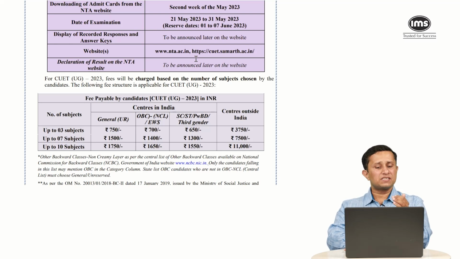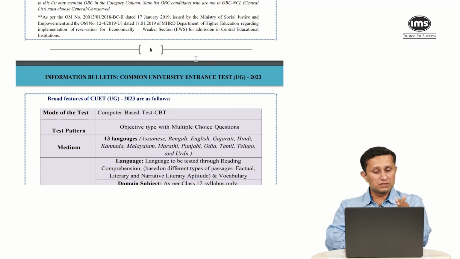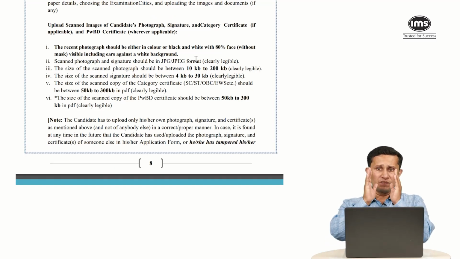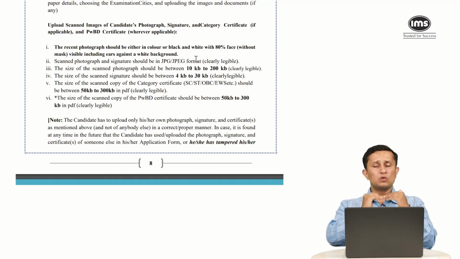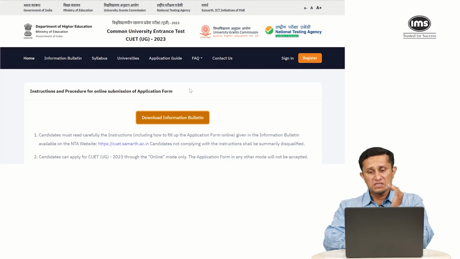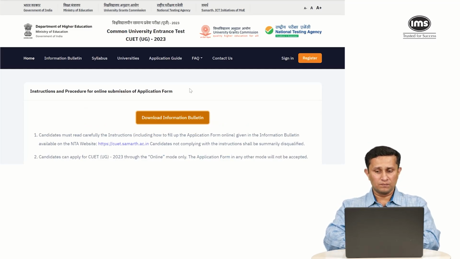So the timelines, the fee structure, the mode of the test and the overall subject structure and how and in which order you should select the subjects. So once you've gone through all of this, and you will require a lot of time to do this, but let's say once you've gone through this, you can go on to now start your registration process.